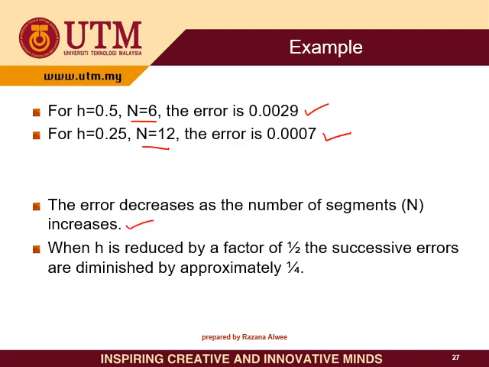When h is reduced by a factor of half, the successive errors are diminished by approximately a quarter. So the error is diminished if you have much more n. The more trapezoids that you have, the less error that you will encounter in your approximation. Okay, but of course, a lot more calculation that you need to make.